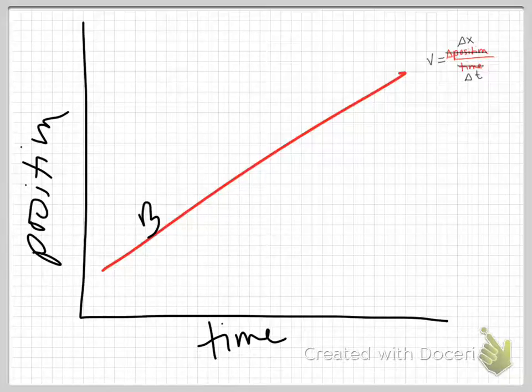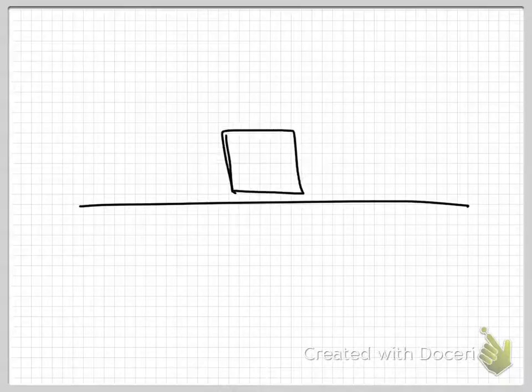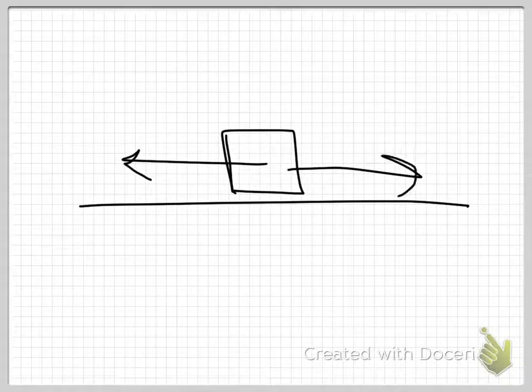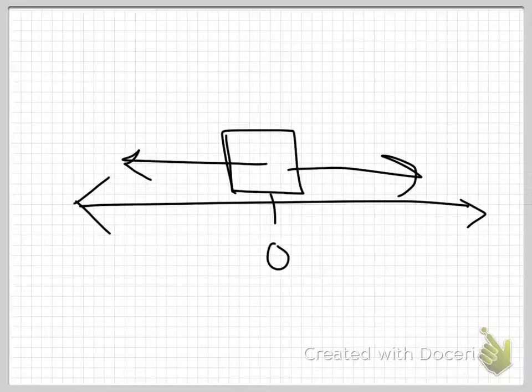So with motion, what we start to do, if you imagine a railroad car tied to a track, and it can only move one way or the other. Now if we make that track a number line, what we start to see is motion in a positive direction, motion in a negative direction. Mind you, positive and negative are arbitrary. We have this thing imposed on us really early called the Cartesian coordinate system.